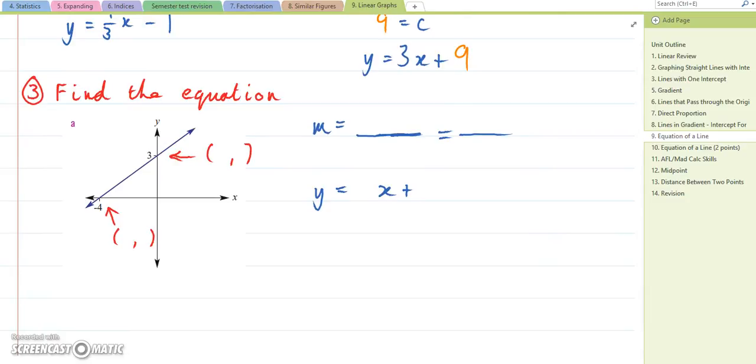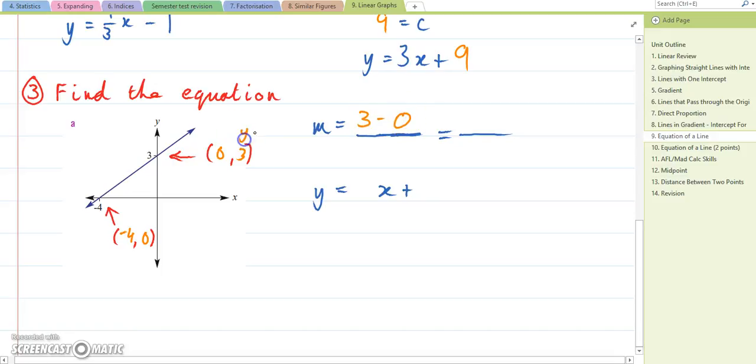Again, going from a graph, one that we don't have, we do have a y-intercept. So we've got 0, 3 here, and negative 4, 0. Finding the gradient, let's do our 3 minus 0, so this is my y2 and x2 values, all over 0 minus negative 4.